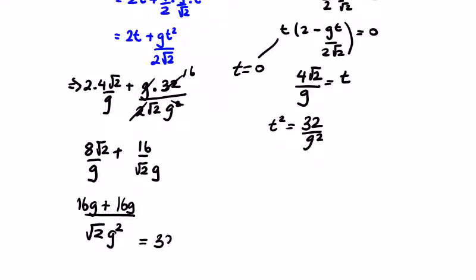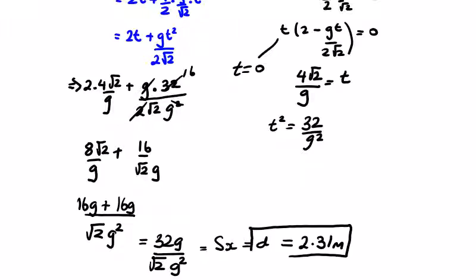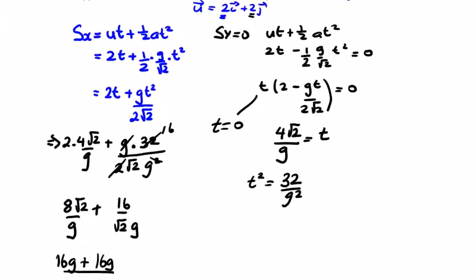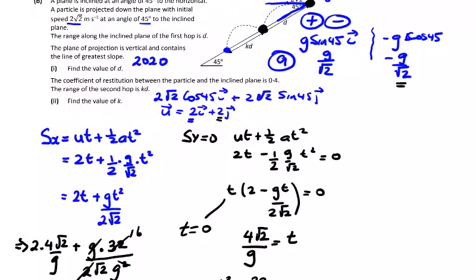So we're going to get 32g over √2g squared, being displacement in the x direction, which is equal to d, and on a calculator this gives 2.31, and we're dealing in meters, and obviously we could have cancelled the g on top of the g squared in the bottom. I'm sure you did that. So this is d. Then there's a second bounce. So the coefficient of restitution we're given here is 0.4.